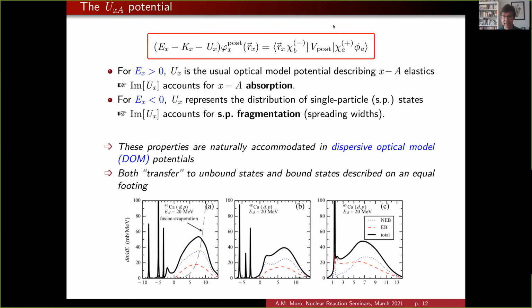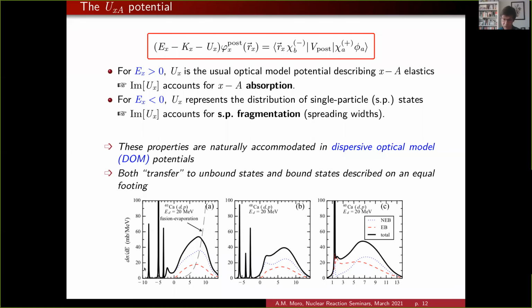If we have a realistic dispersive optical potential, it describes the unbound region and also the bound region. So we can describe the transfer to unbound states and to bound states simultaneously within the same framework. This makes sense because we want to evaluate the inclusive cross-section and take into account all possible contributions.